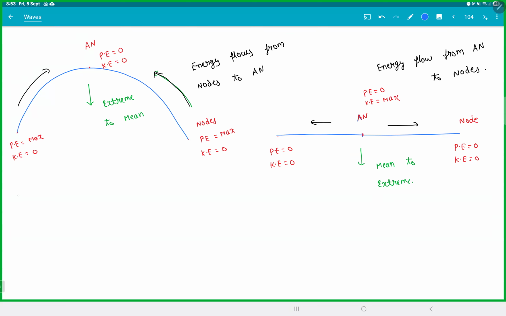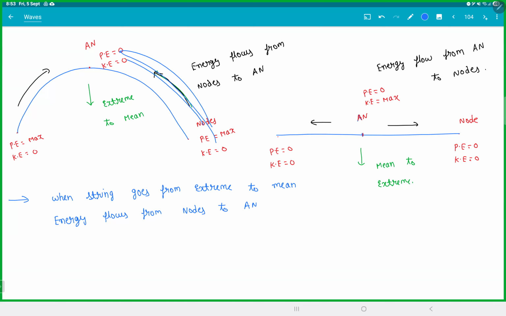So if I put this in statements here, and string goes from extreme to mean, nodes to antinodes. And if you notice something more, this energy actually goes to antinodes and again comes back.